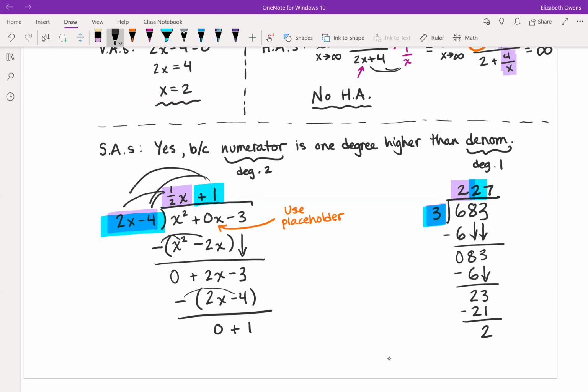And then you'd get to this point where you're saying, how many times does 3 go into 2? It doesn't. And then you'd say, I'm done. And this is my remainder. And then you'd have your quotient up on top here, 227, and then a remainder of 2.